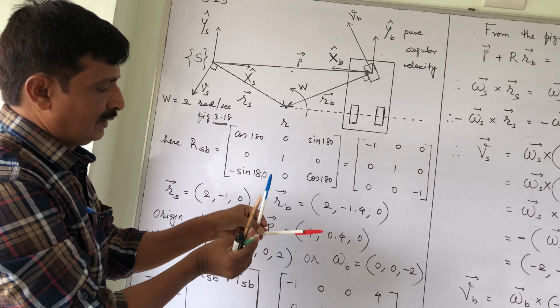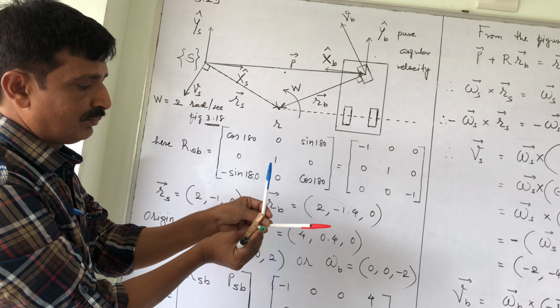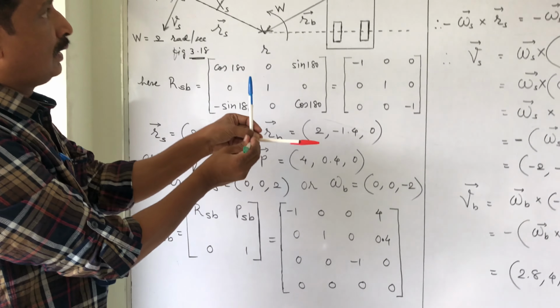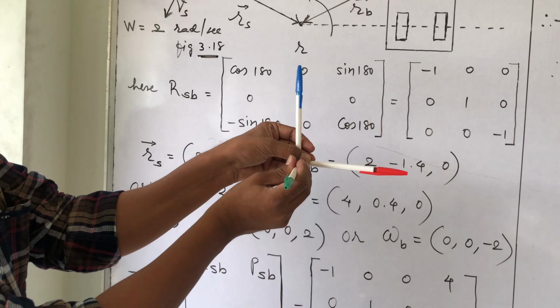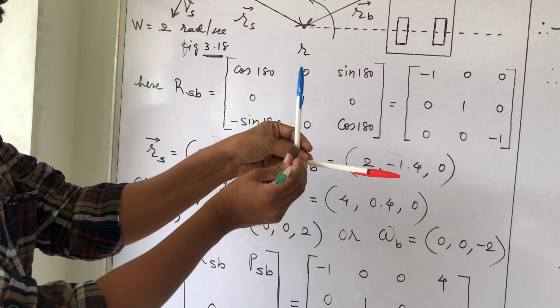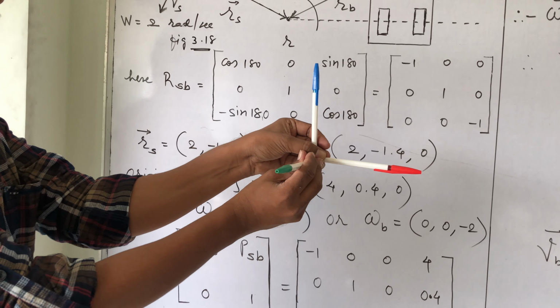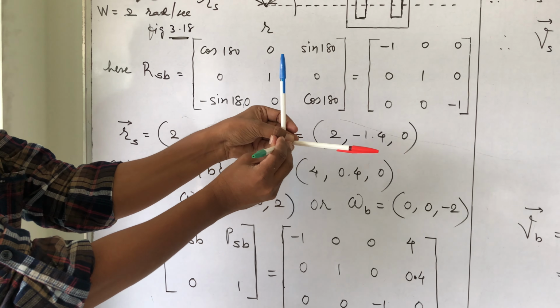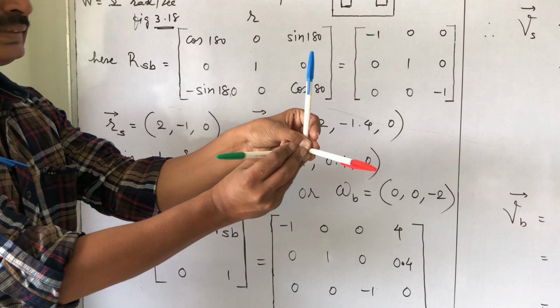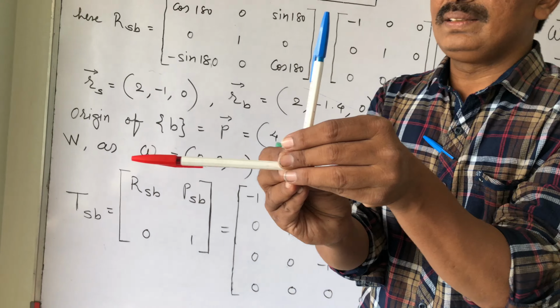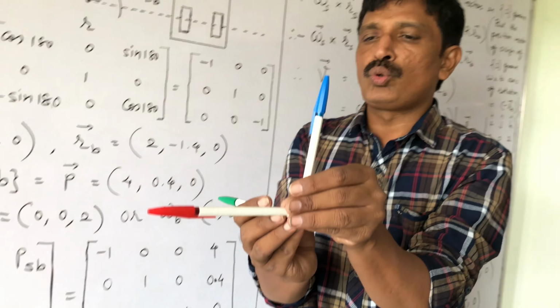See here, this is a stationary frame, fixed frame. For body frame, if we rotate about y-axis this way, 180 degrees, then the z-axis goes into the plane of board.